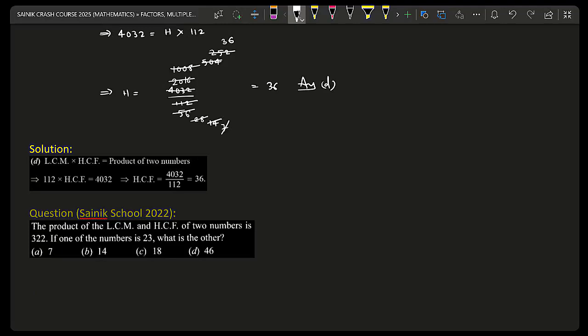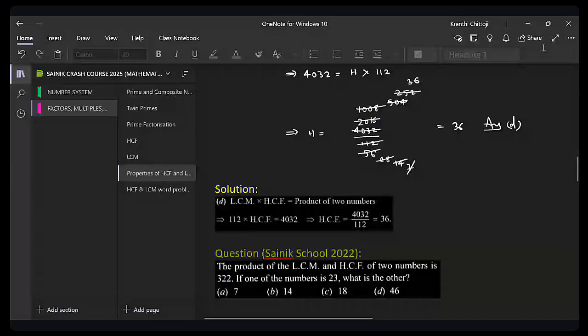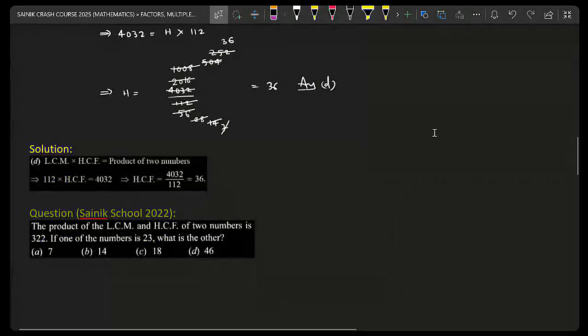Okay, I'm sharing it once again. Wait a minute. Ritvik, are you able to see the screen now? Yes, sir.